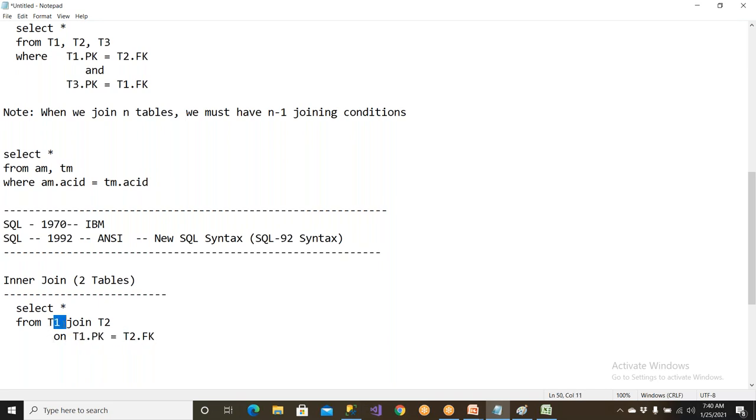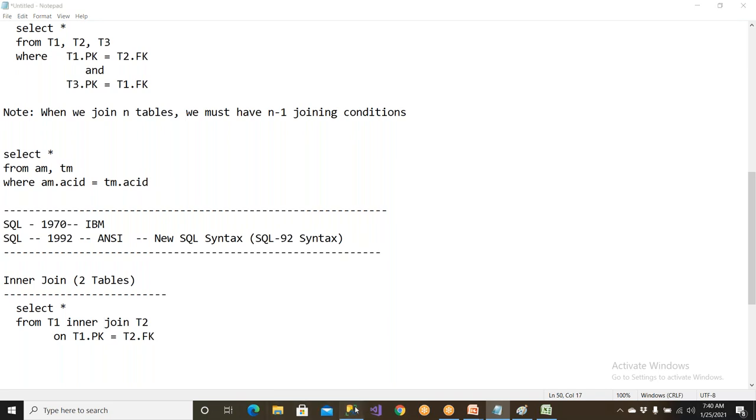You can say T2 join T1, anything is fine. You can interchange them, nothing will happen. This is the new syntax to join. You can say join, which means inner join, or you can also say inner join. Remember this point.